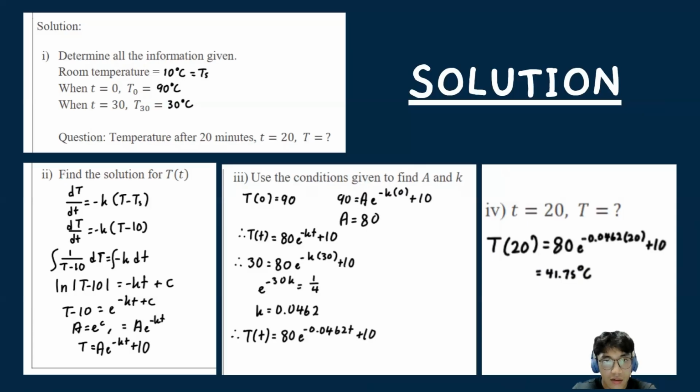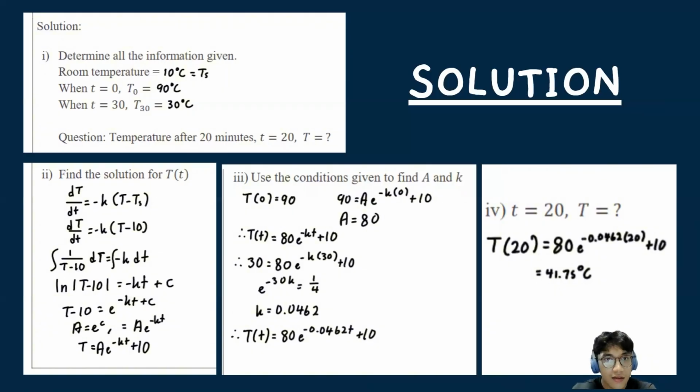Now we can compare both equations to get k. The actual k we get is k equals 0.0462. So the new equation is T equals 80 e to the power of negative 0.0462t plus 10.